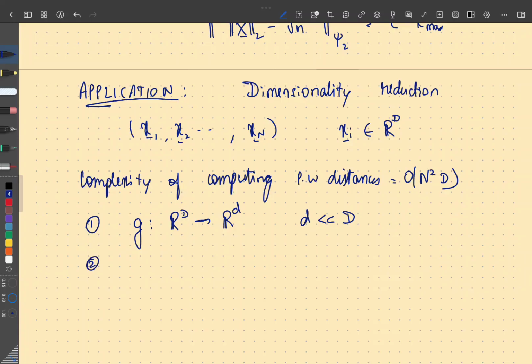And in the second step, I can run any algorithm. K-means clustering is one such example, but maybe I'm interested in doing a very large number of computations based purely on pairwise distances in this lower dimensional space. So I compute distances in R^d, between pairs of points, basically between g of xi and g of xj.